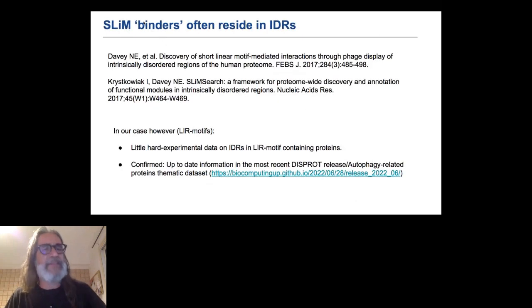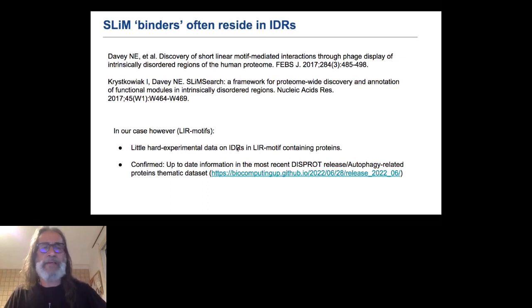These motifs fall in the class of short linear motif binders, which are reported in the literature to often reside in intrinsically disordered regions. In the LIR-motif case, there is very little hard experimental data on LIR motifs being in experimentally determined intrinsically disordered regions.